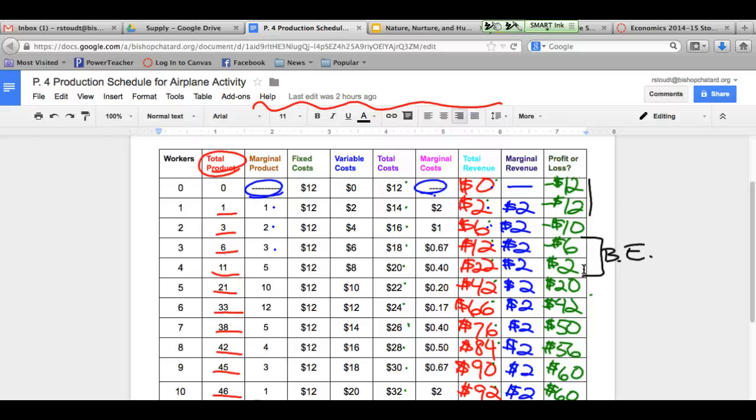So notice between 9 workers and 10 workers, they both have a profit of $60, but only one of them is correct because at 10 workers, our marginal cost and our marginal revenue are the same. This is going to be our profit maximizing point. That's how many workers we should actually hire. We should actually hire 10 workers because at that point we are making the most money and our marginal cost and marginal revenue are the same.